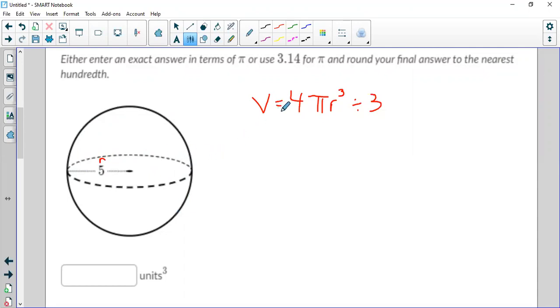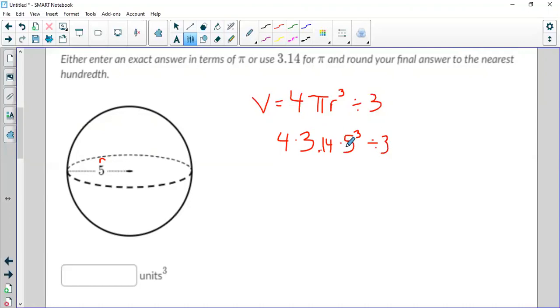Okay, so I'm going to use 4 times pi times the radius cubed, divided by 3. So it's 4 times pi, 3.14, times the radius 5 cubed, and then divide by 3.